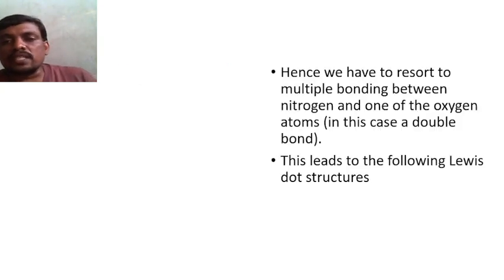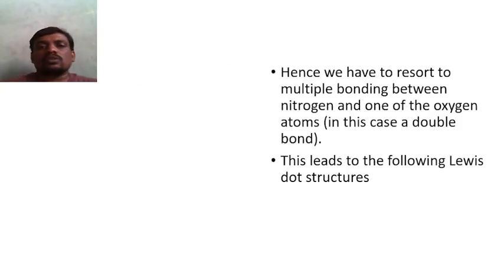So nitrogen I am going to mention here, and oxygen I am going to mention here, and the other oxygen also I am going to mention here. Okay, so dots, each dot represents an electron.